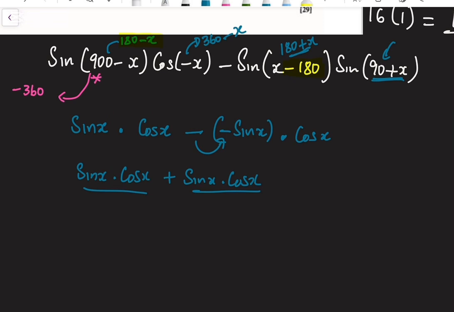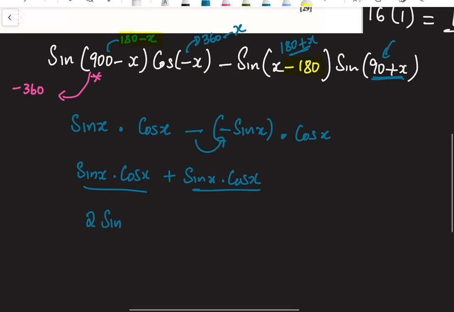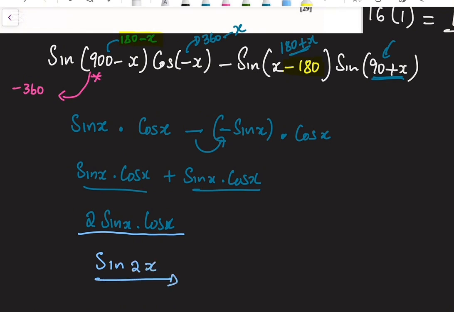Even sine x, cos x, plus sine x, cos x will be 2 sine x, cos x. Now, this is a double angle for sine. So it can be written as sine double angle of what? Double angle of x. So we have sine 2x as a single trigonometric ratio. Let's quickly move to the next one.